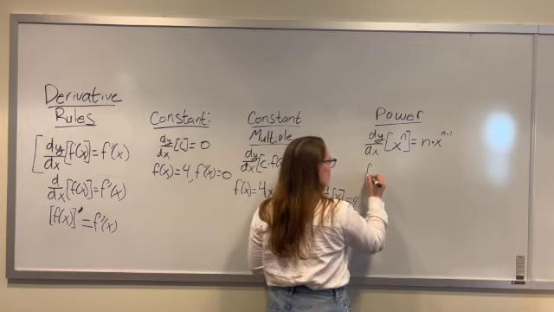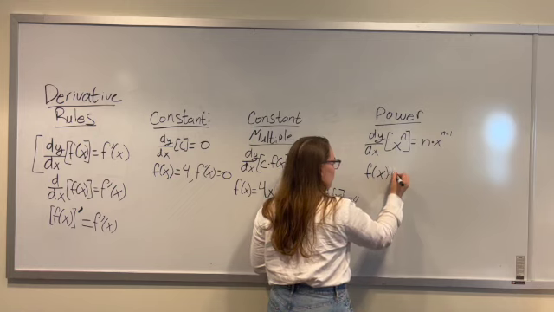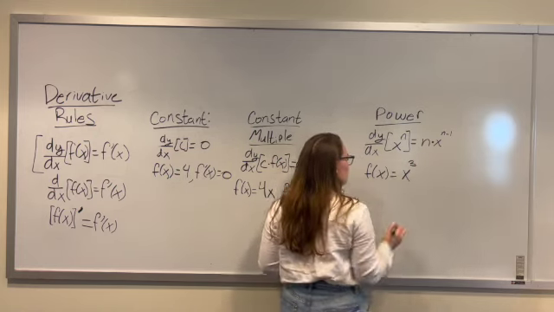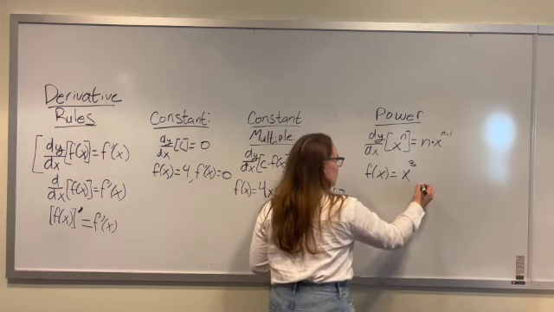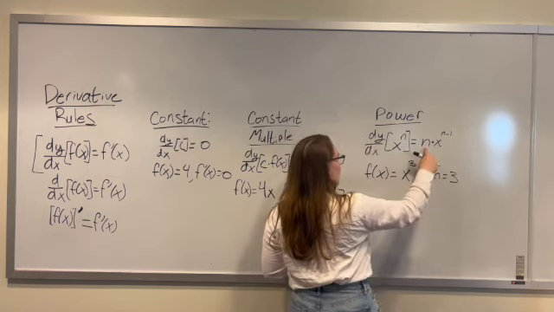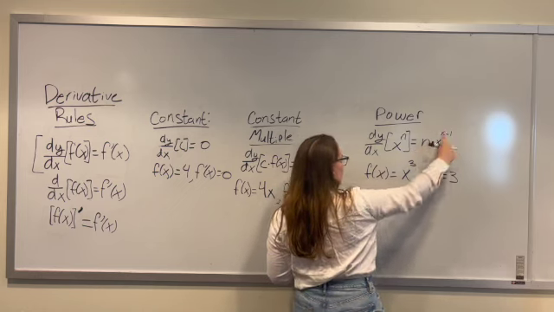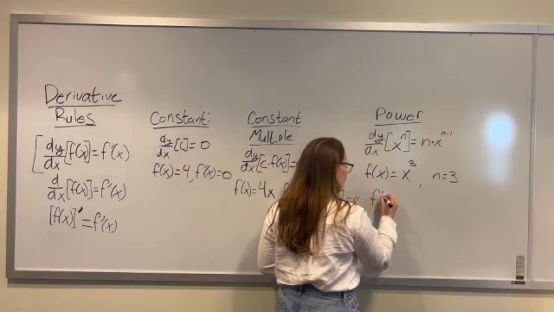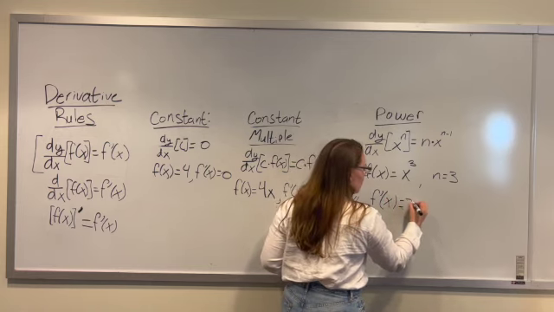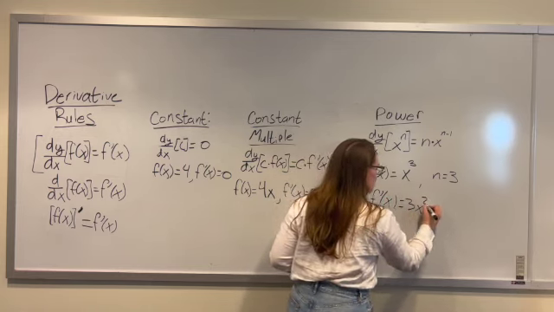So if we take a function, f of x is equal to x to the third, our n here is equal to 3. So we're going to pull the n out and we're going to put a 2 up top. So our f prime of x is then 3x squared.